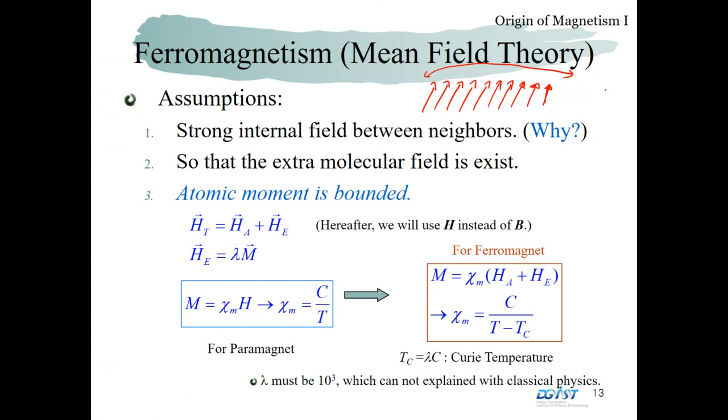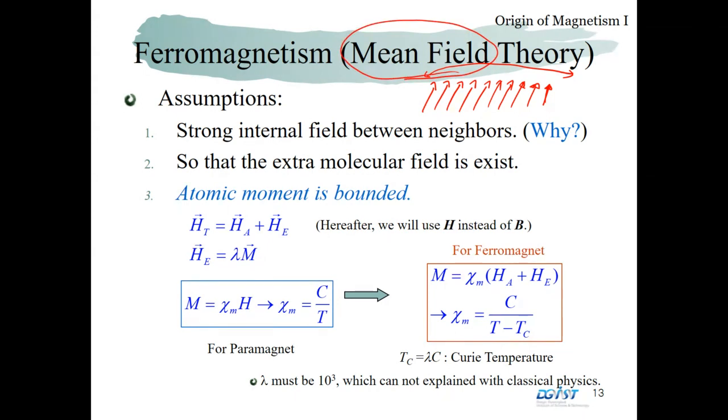In order to overcome such inconvenience, we need extra energy. We need something more. That's the physical origin of ferromagnetism. Now we are working in classical physics, so I'm going to explain this origin in the frame of mean field theory.